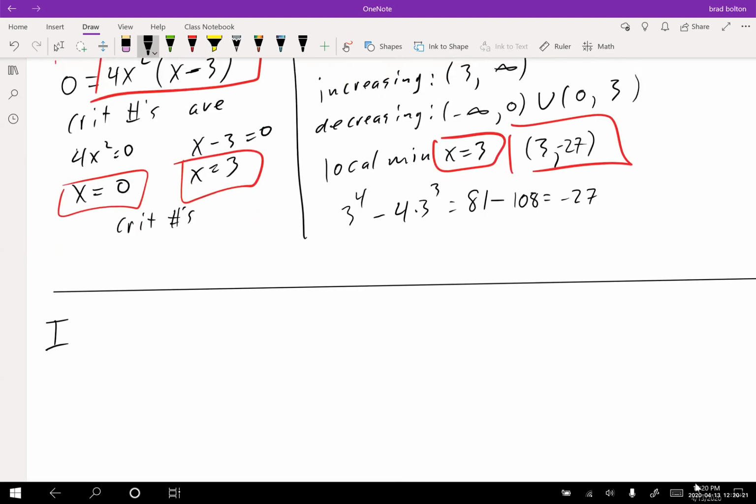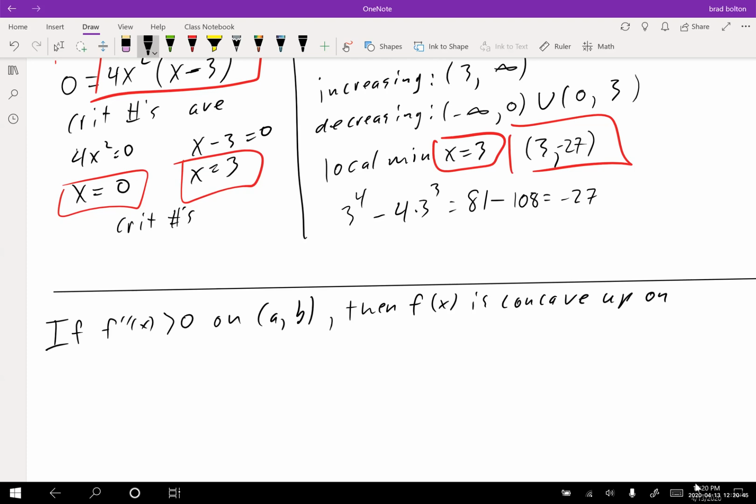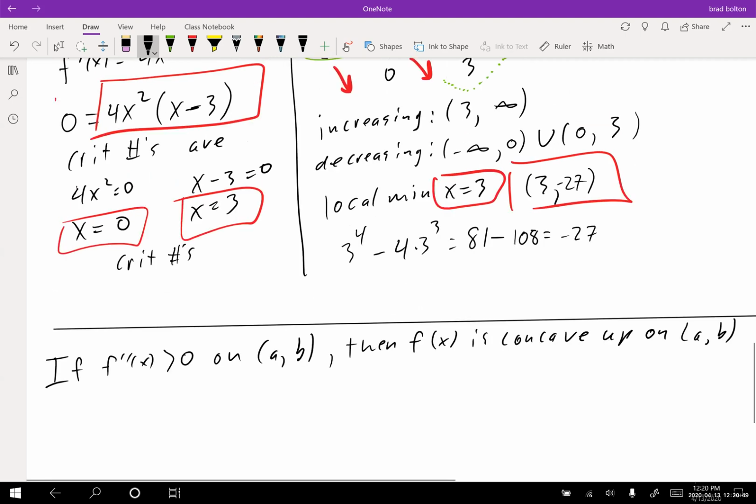So we can say if f double prime of x is greater than 0 on (a, b), then f of x is concave up on (a, b). So this is now a way that we can determine concavity like I was talking about in the previous problem, okay?